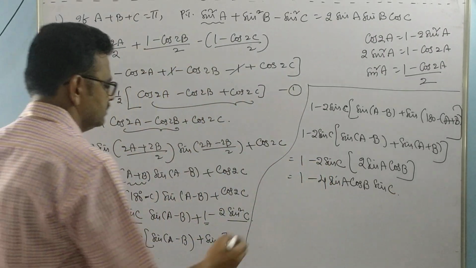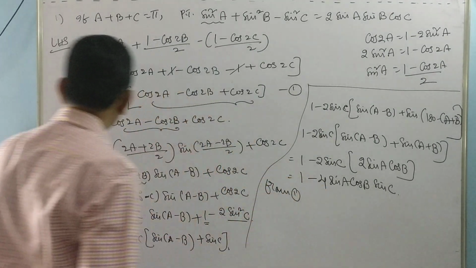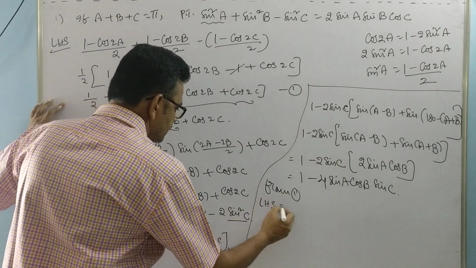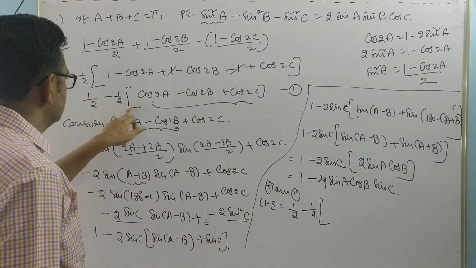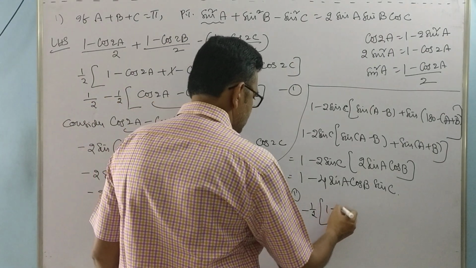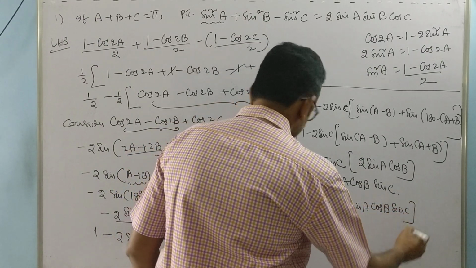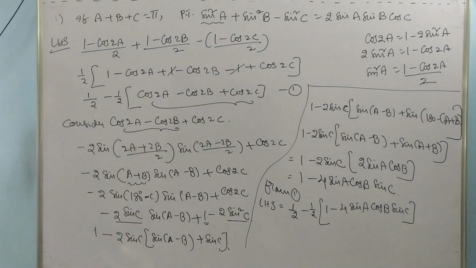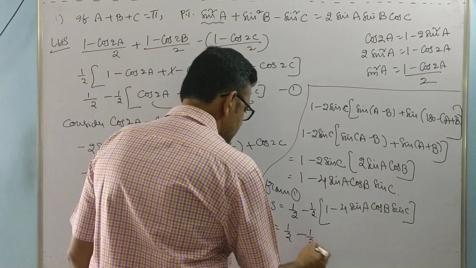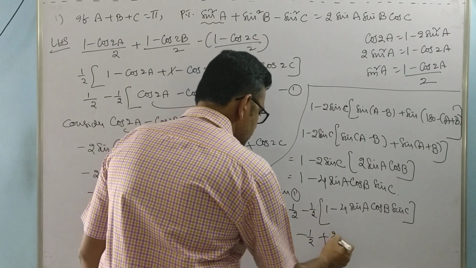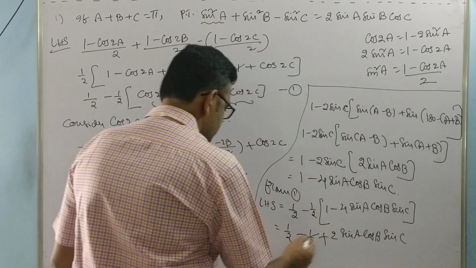Now from 1, substituting this value, LHS is equal to 1 by 2 minus 1 by 2 of 1 minus 4 sin a cos b sin c. Multiplying out, minus 4 by 2 is 2, so this is 2 sin a cos b sin c, and the 1 by 2 gets cancelled.